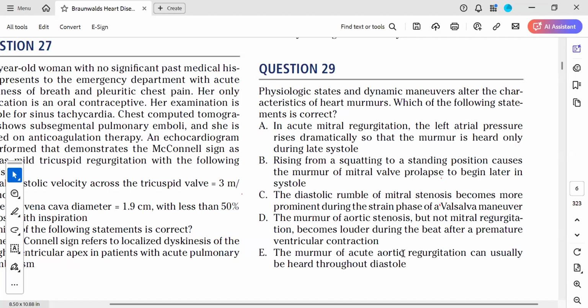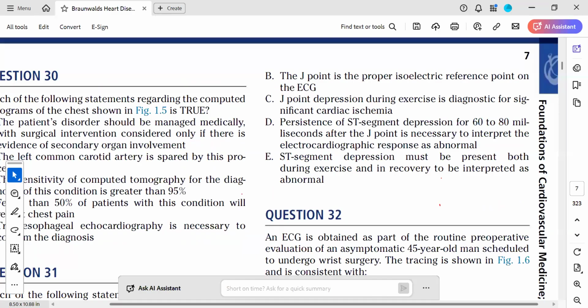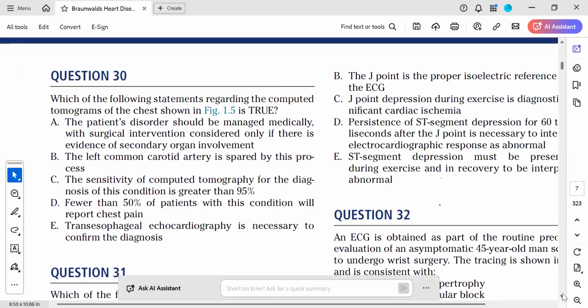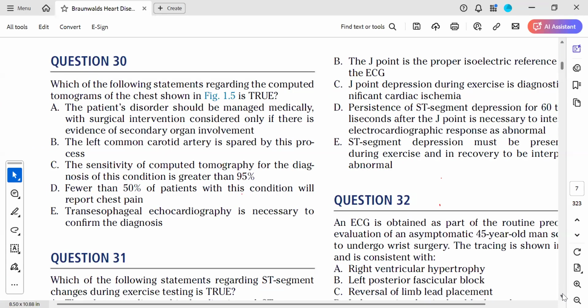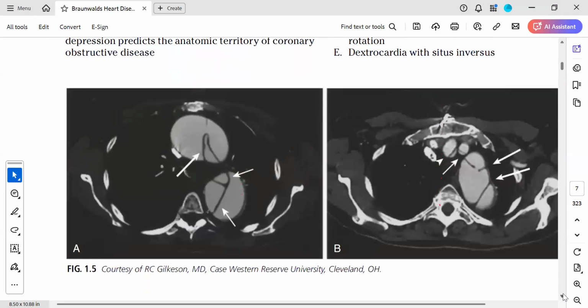Now, which of the following statements regarding the computed tomogram of the chest shown in figure 1.5 is true? If you look at the CT scan in figure 1.5, it's showing the tennis ball sign that is seen in a patient with an aortic dissection. On diagram A, it involves both the ascending aorta and the descending aorta.